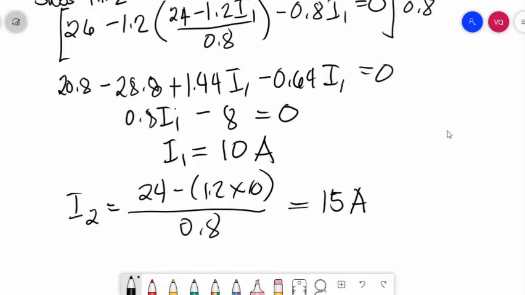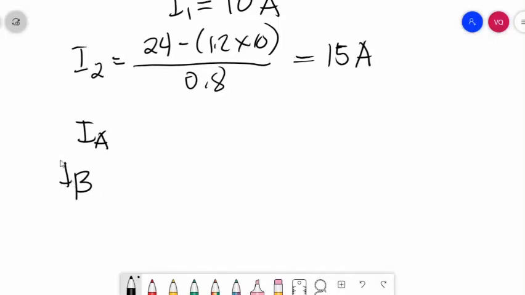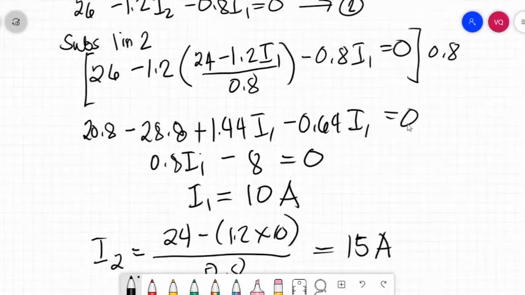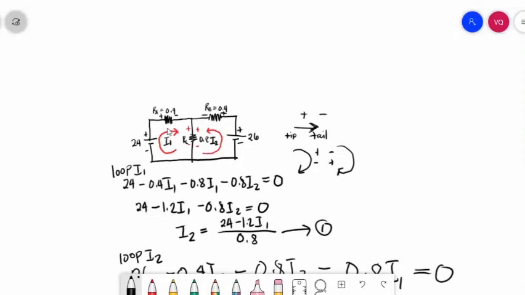So, our final answers, the branch circuit currents. For branch currents IA, IB, and IL: IA, the loop current flowing in IA, is equal to I1. Loop current flowing in RB will be your I2.